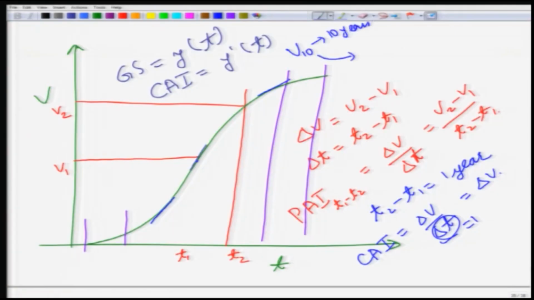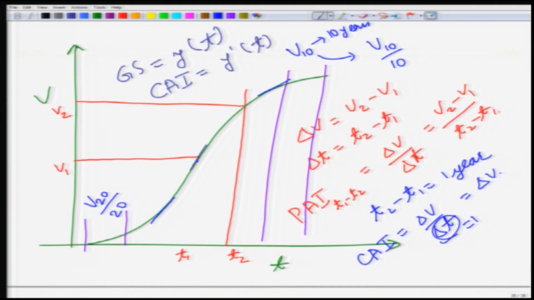So, every year on average this tree was putting up V10 divided by 10 cubic meters of growth. If you consider a volume, say V20, so in 20 years it reached a volume of V20, then the mean annual increment will be V20 divided by 20.